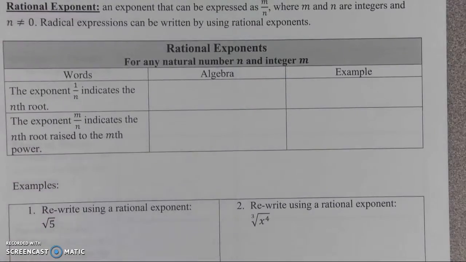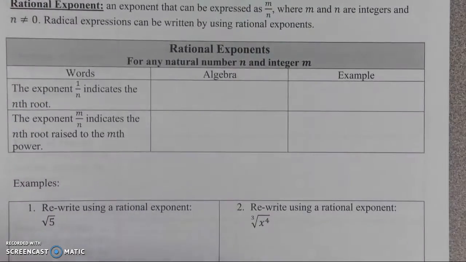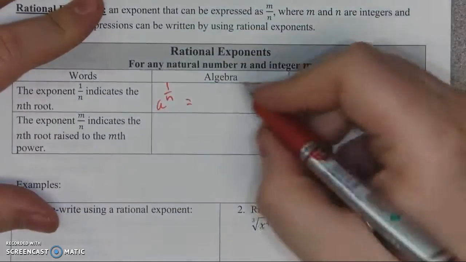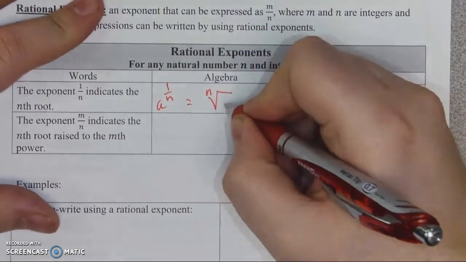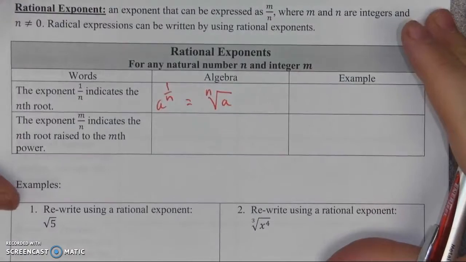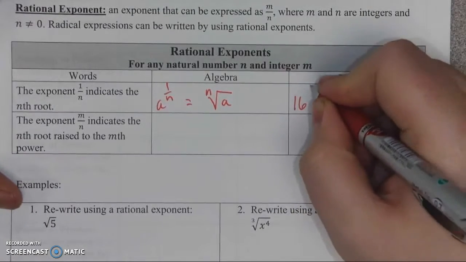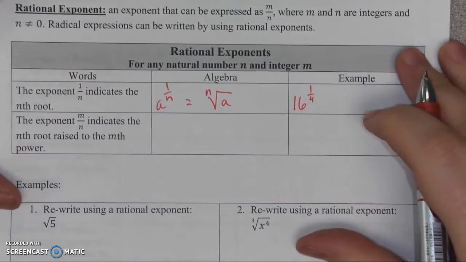So here's how this will be done. The exponent 1 over n indicates the nth root. So a to the 1 over n is equal to the nth root of a. So as an example, 16 to the 1/4.